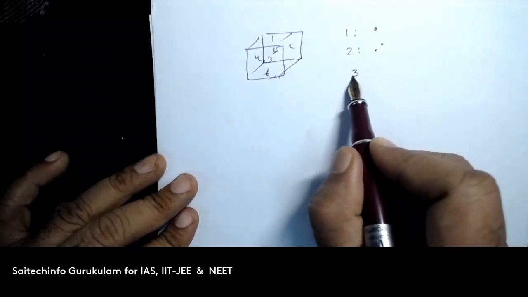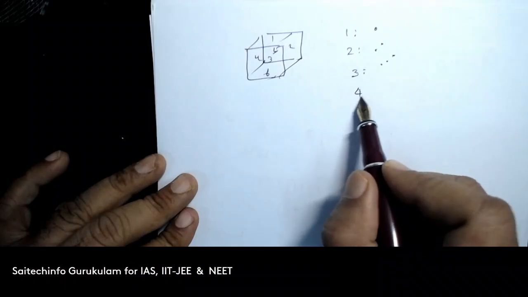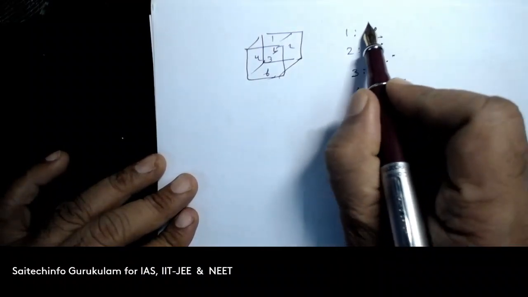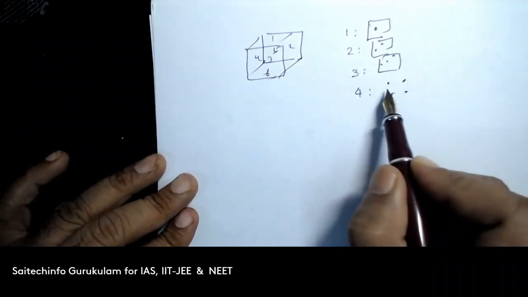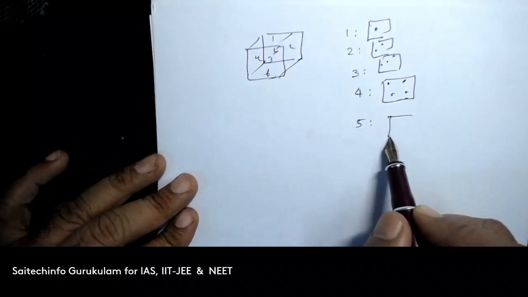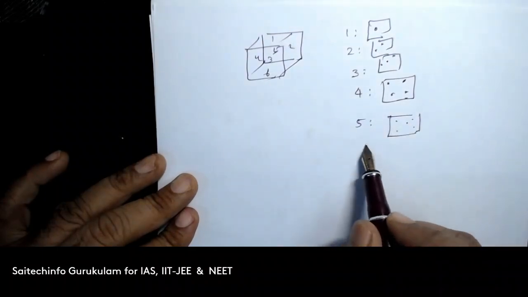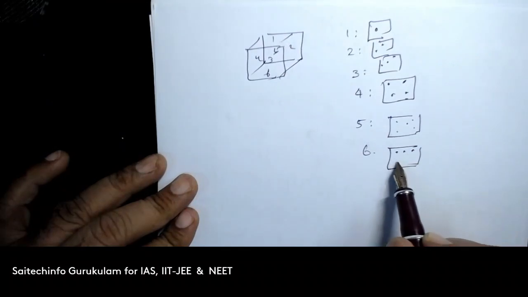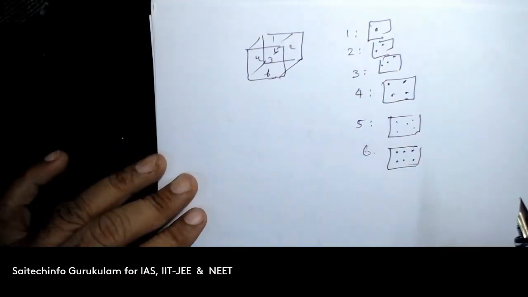Third face, you have 3 points like this. Fourth one will have like this. So this is 1, this is 2, this is 3, this is 4, and the fifth one will be 1, 2, 3, 4, at the center 5. 6 will be 1, 2, 3. Okay, 1, 2, 3. So totally 6.